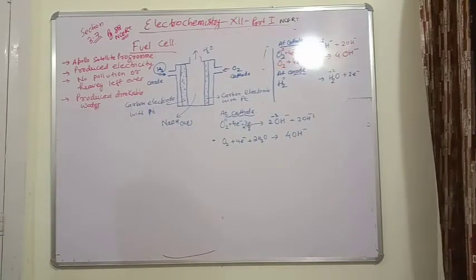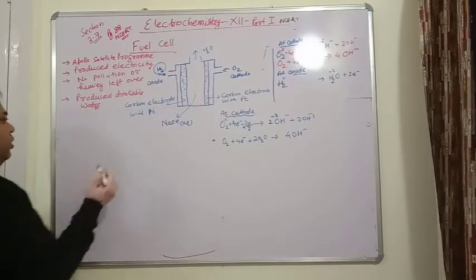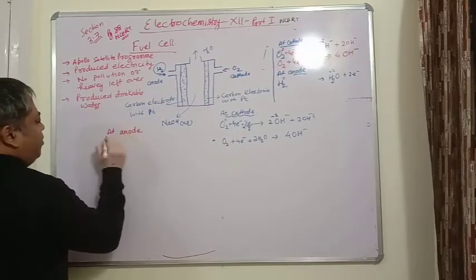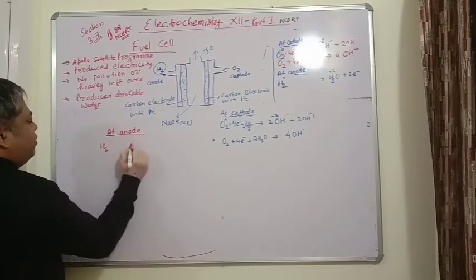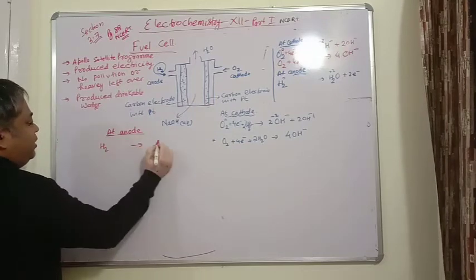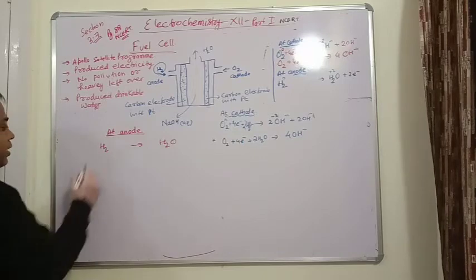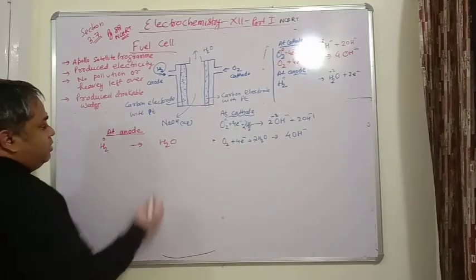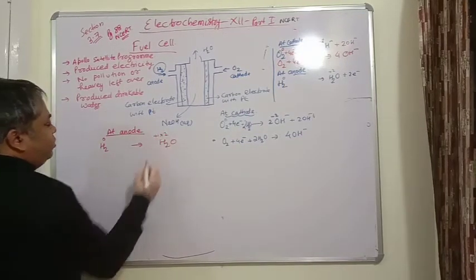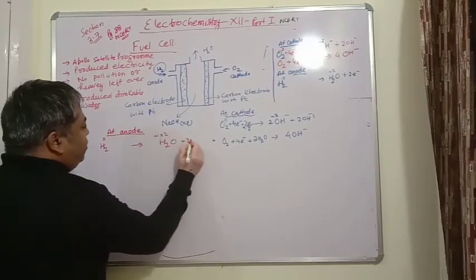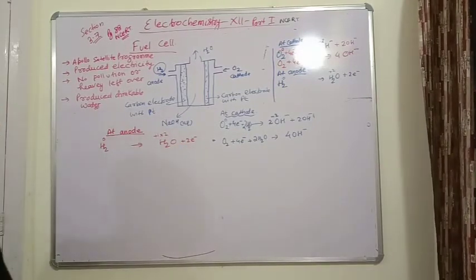Now at anode, oxidation of hydrogen takes place to form water. So here oxidation number was 0 and here oxidation number is +1 into 2. So to balance it, we will give 2 electron as of now.